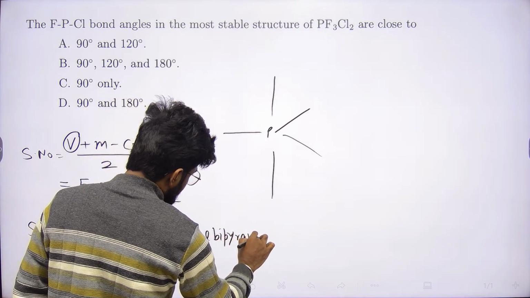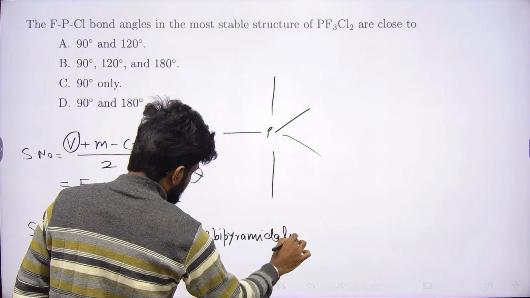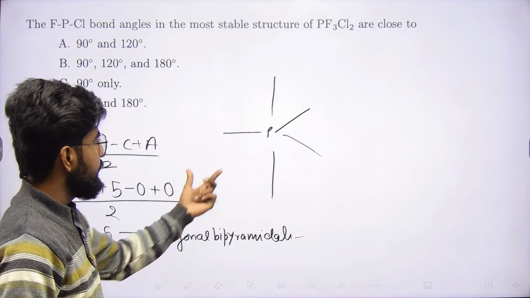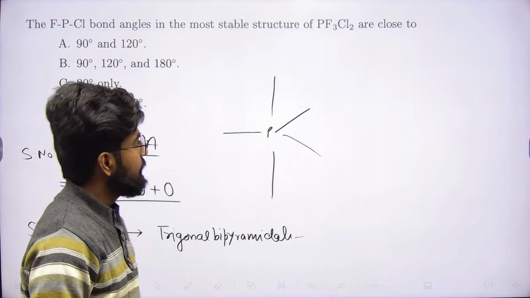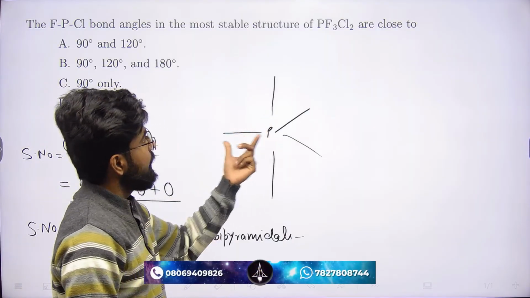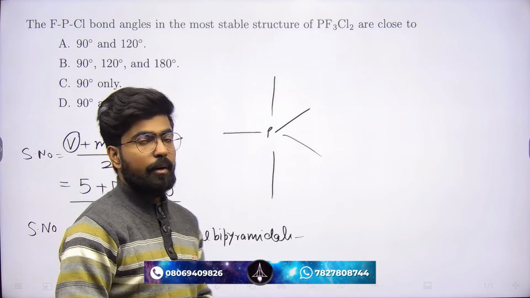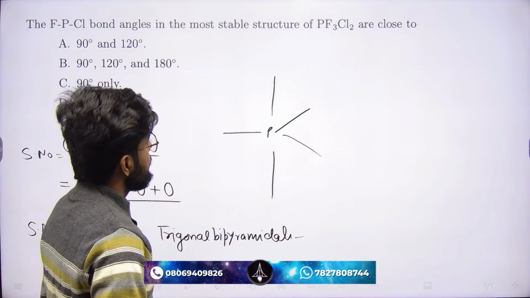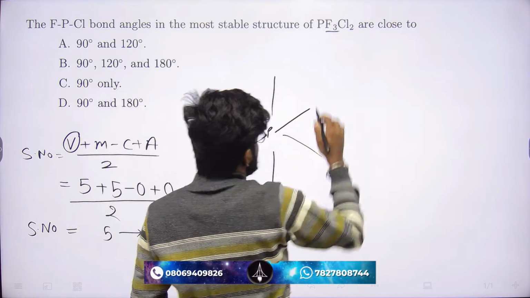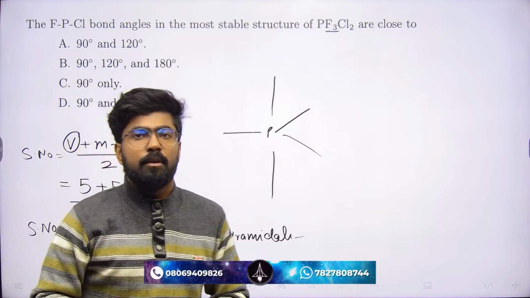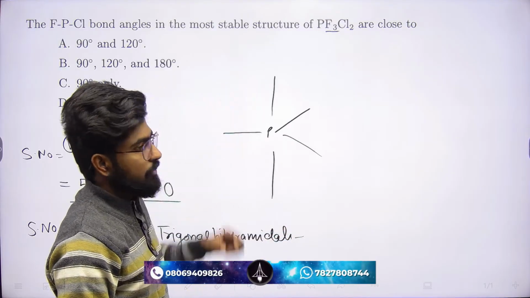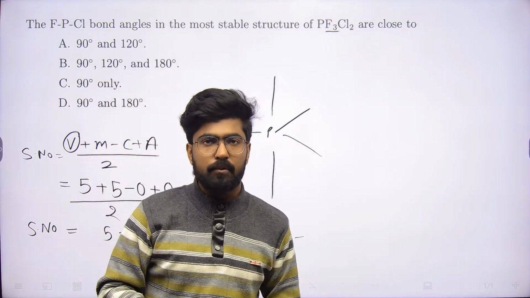And we know that when the steric number is 5, the parent geometry is trigonal bipyramidal. Once we are clear with the parent geometry, we are very sure that the concept of apicophilicity will matter a lot, which says that the more electronegative atom would like to go on the axial position rather than the equatorial position. Why?